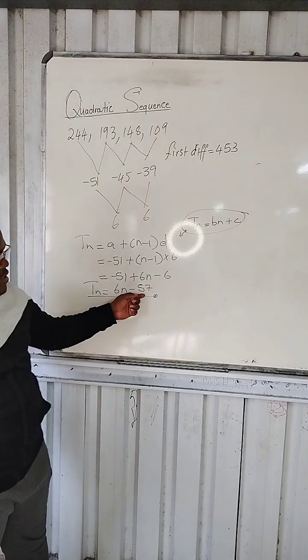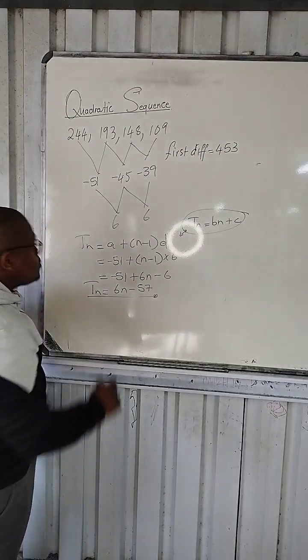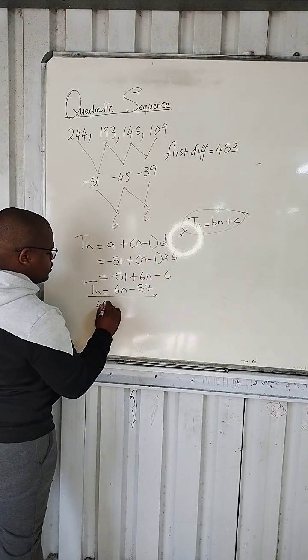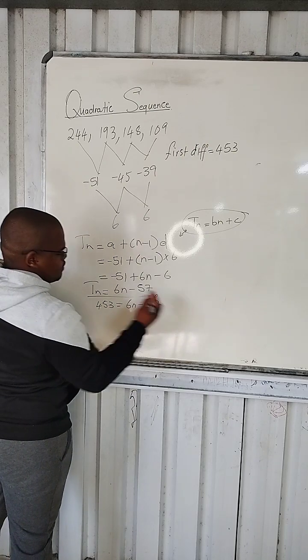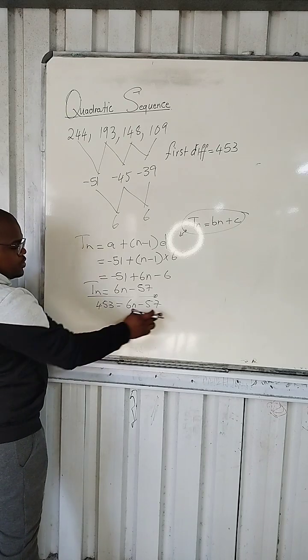But they said this first difference should be equal to this number. Hence, this is what we are going to do. We are going to say 453 is equal to 6n minus 57. Equate the two.